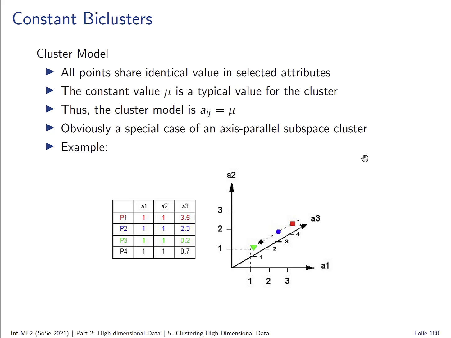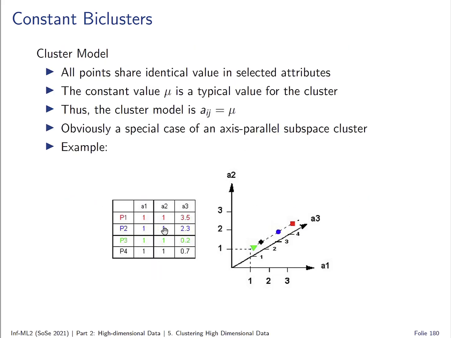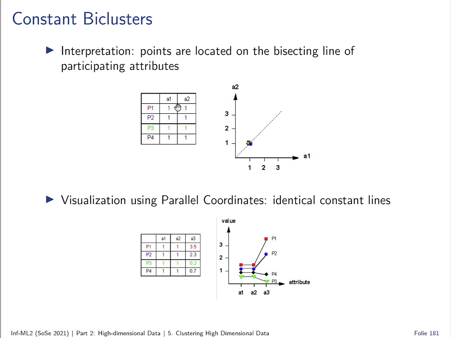So the important spatial interpretation is that the points are located on the bisecting line of the participating attributes. The participating attributes are A1 and A2. This is the submatrix of the constant bicluster, and all the points are basically on one specific point.